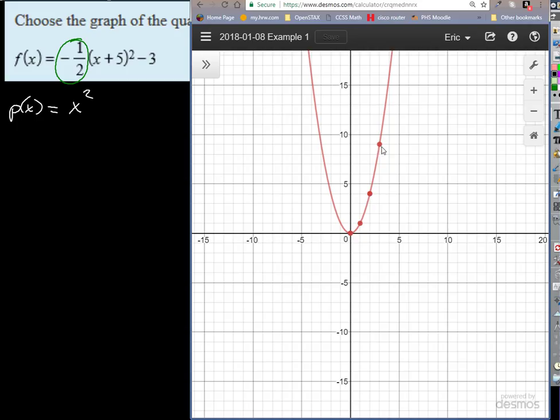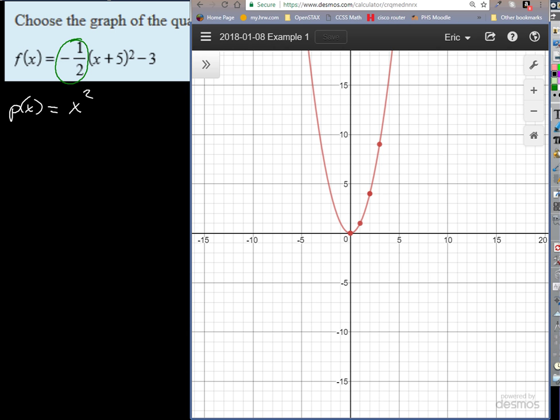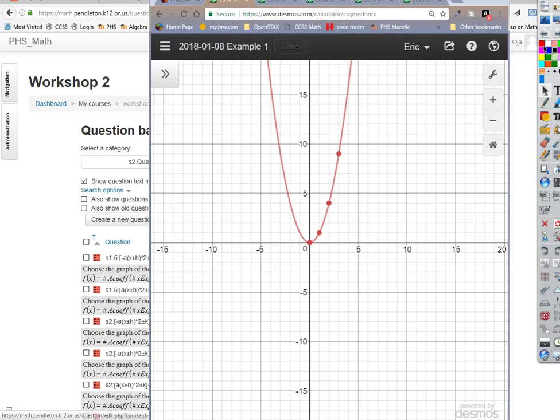Which one of those y values is going to be convenient to multiply by negative 1/2? Because that's what we're trying to do, right? 2, 4 is, yeah, good.